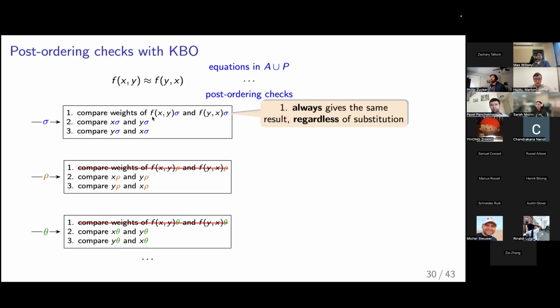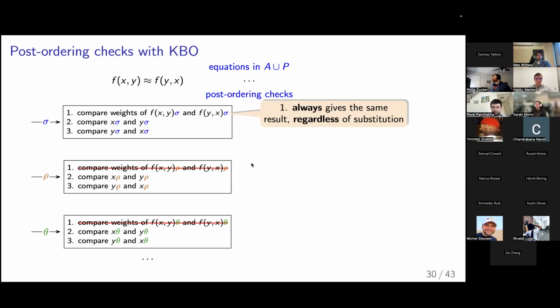It means that these two terms, no matter the substitution, will contain two f's, these cancel out, and also some terms that are the same, because here is an x, here is also an x, here is a y, here is a y. So basically, regardless of the substitution, we know the result of this computation.